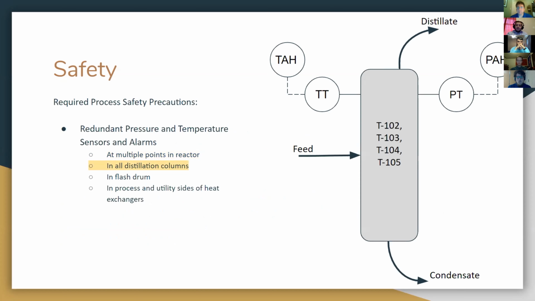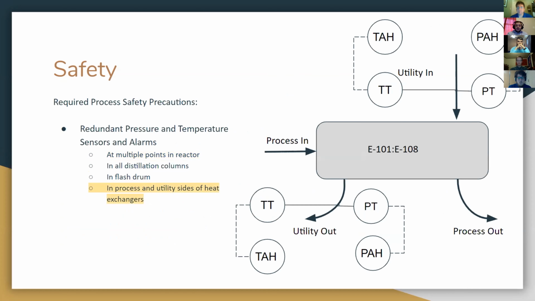We would have a high temperature and pressure alarm for our towers and our flash drum, as well as on the utility and process sides of all of our exchangers, whether it's at the beginning of the process or utility or after the exchanger, depends on whether the stream is heating up or cooling down. You naturally want to put the temperature and pressure sensors on the hotter end of the stream, so that you're taking measurements at the point that's most likely to be at risk of rupturing.